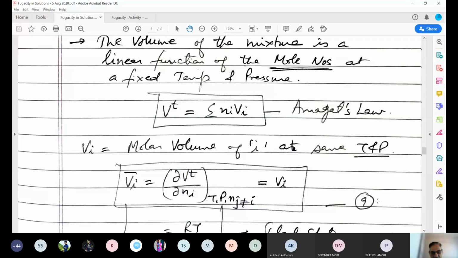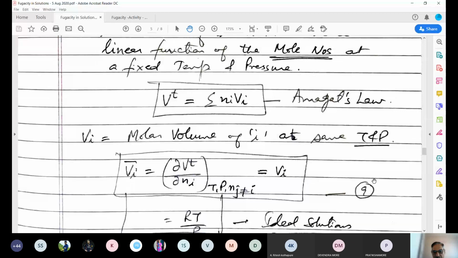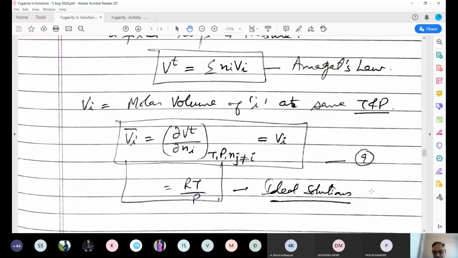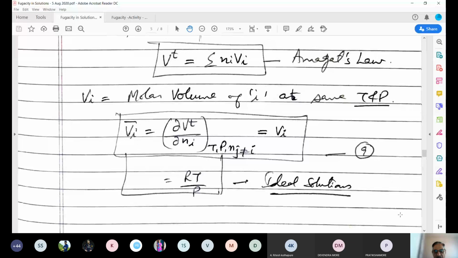If they are different, then we have to see what happens. We saw earlier how to calculate that. Okay? And for an ideal gas, Vi is nothing but RT by P. Any questions so far?